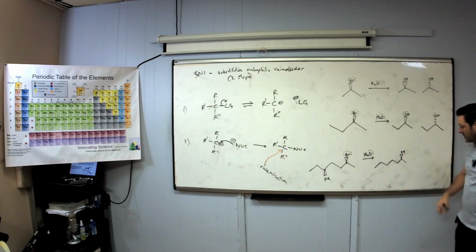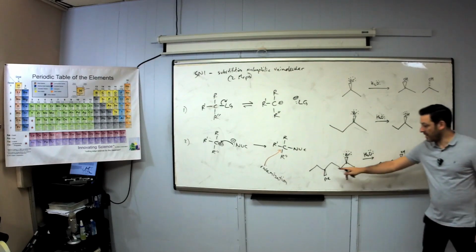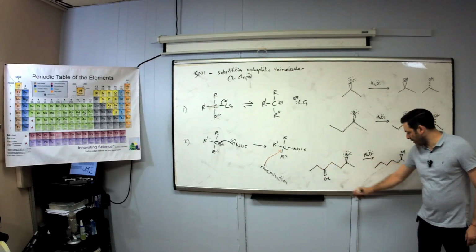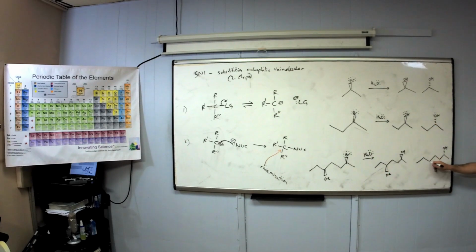Notice I put this OH in the front on this chain, and over here I put it on the back on this chain. But nothing happened here, so I'm changing nothing about that. So I'm still going to have methyl over here, and I'm changing nothing about it. I'm still going to have methyl over here.